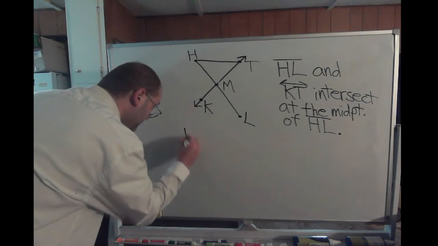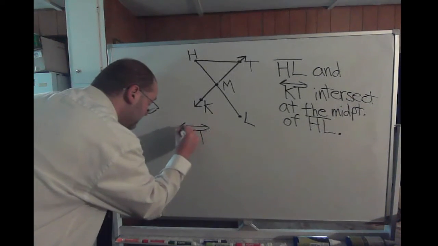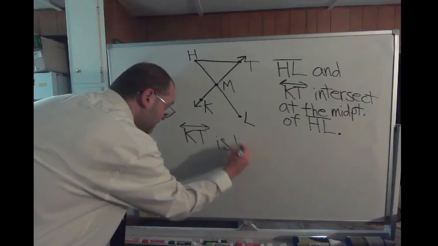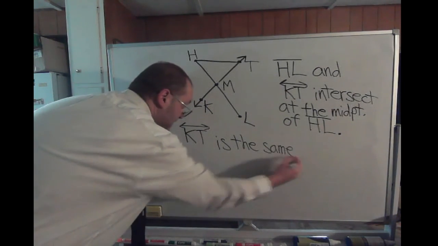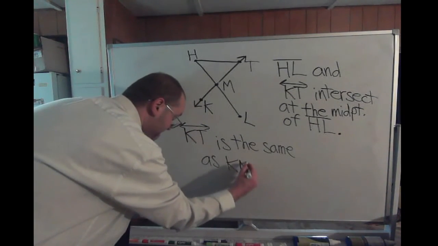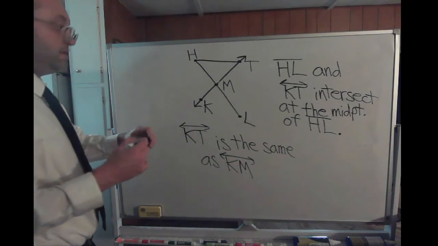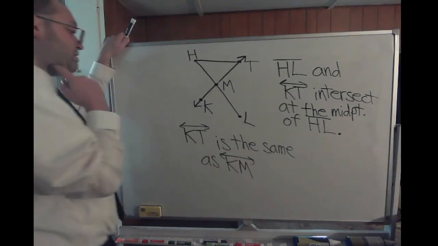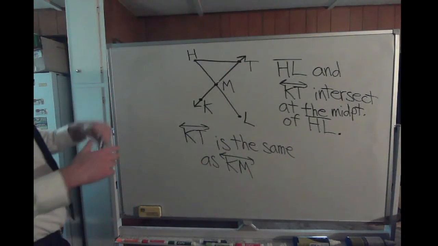Now here's one. Line KT is the same as line KM.